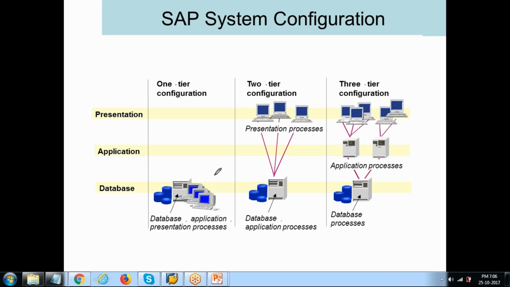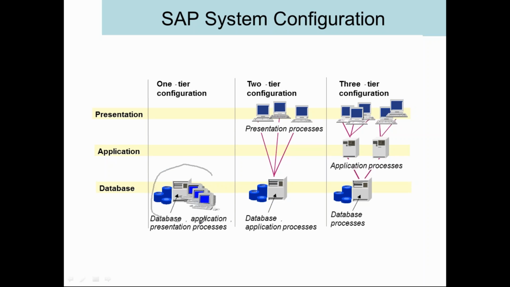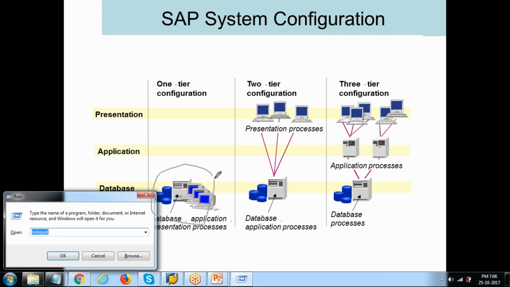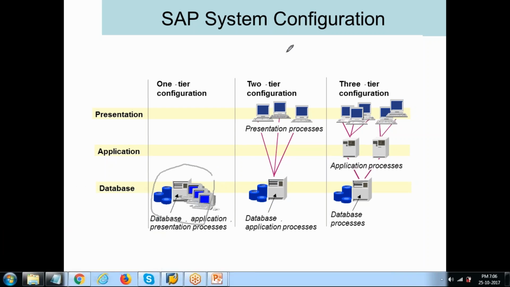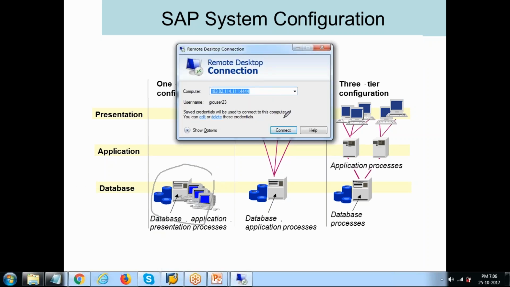Okay, what is the configuration? How do you log on to that SAP server? Is it from the GUI or from the connection? You can log on through the connection. This is the connection name, just click on login.